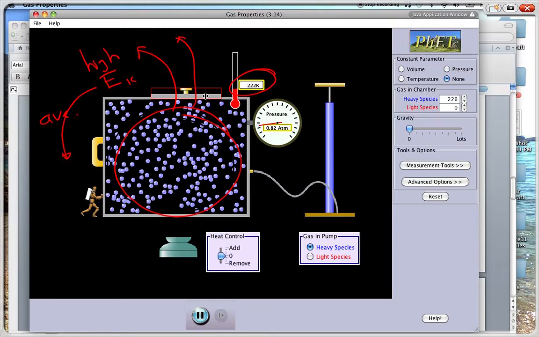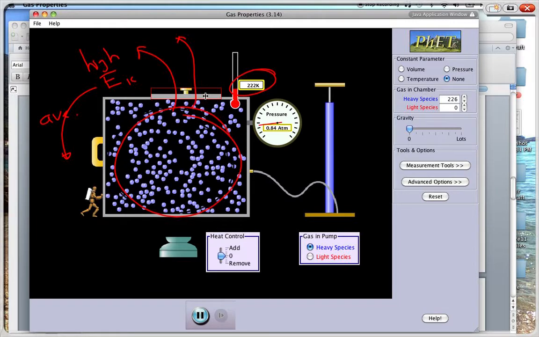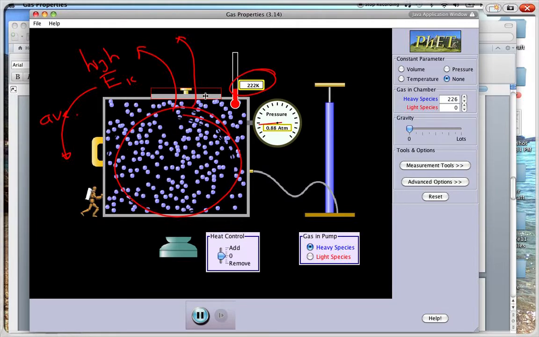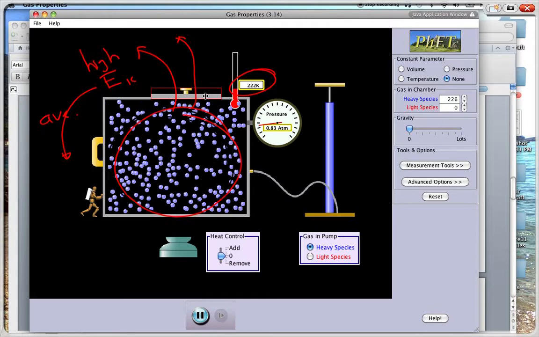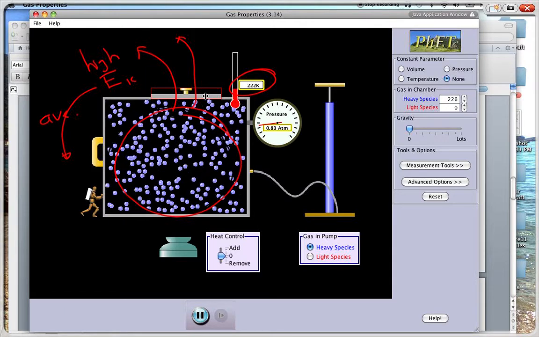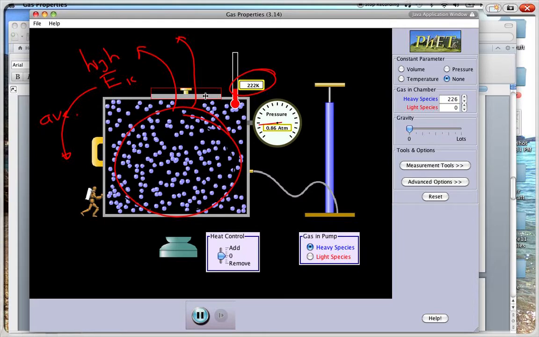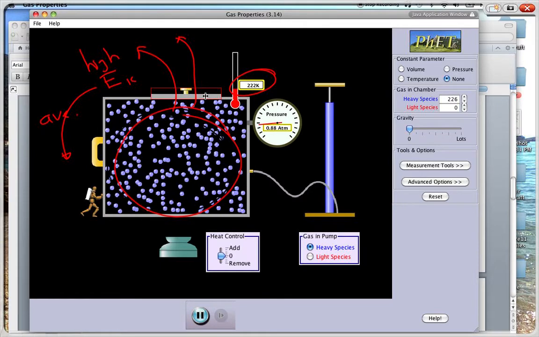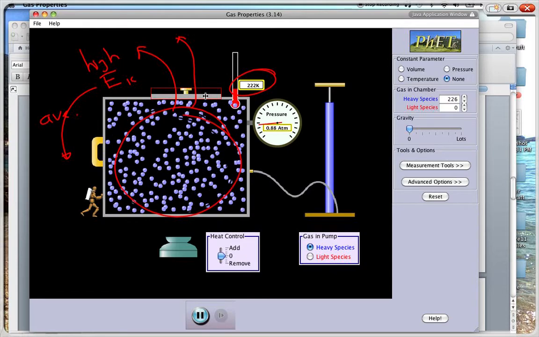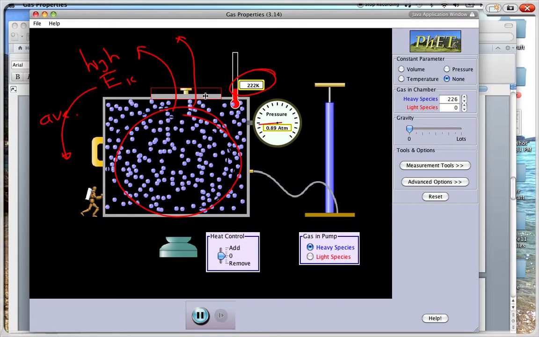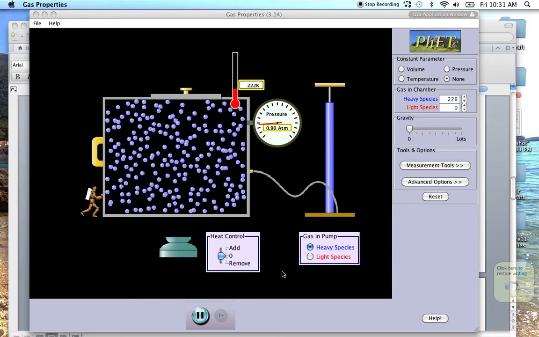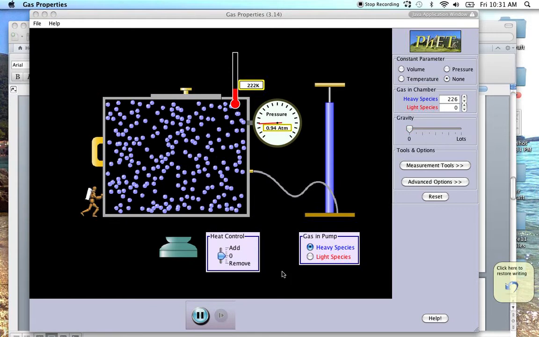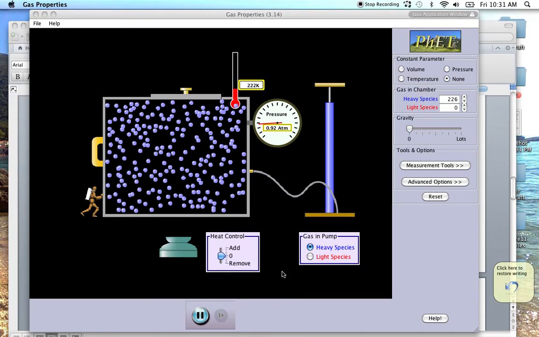And that's the idea with evaporation. When you feel the coolness of evaporation, it is because the faster moving molecules escape. They are the ones that can break the intermolecular bonds. They escape, leaving the cooler, slower moving ones behind, which is indicated by this idea of coolness. Okay, so I hope that explains it reasonably clearly.